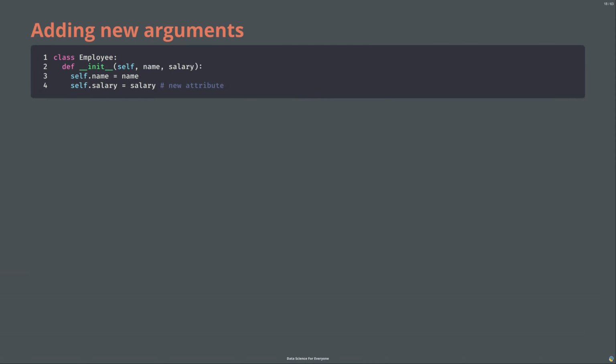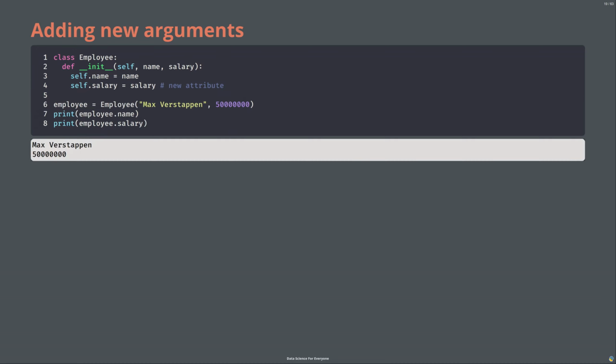We can extend the init method by creating another parameter, employee salary. Inside this method, we create a new attribute called salary and assign it the value of that parameter. This way, both the name and the salary are set up automatically when the object is created. We can now create an employee object by calling employee with both the name and the salary.